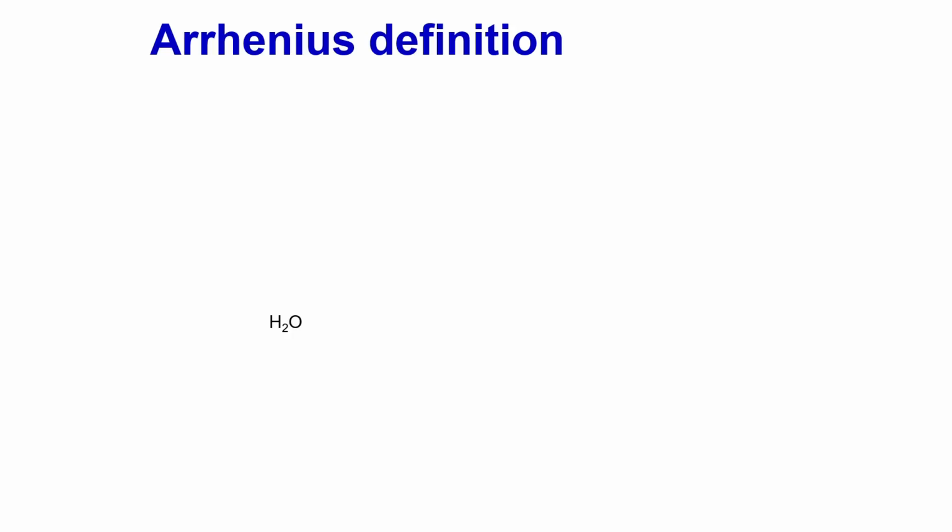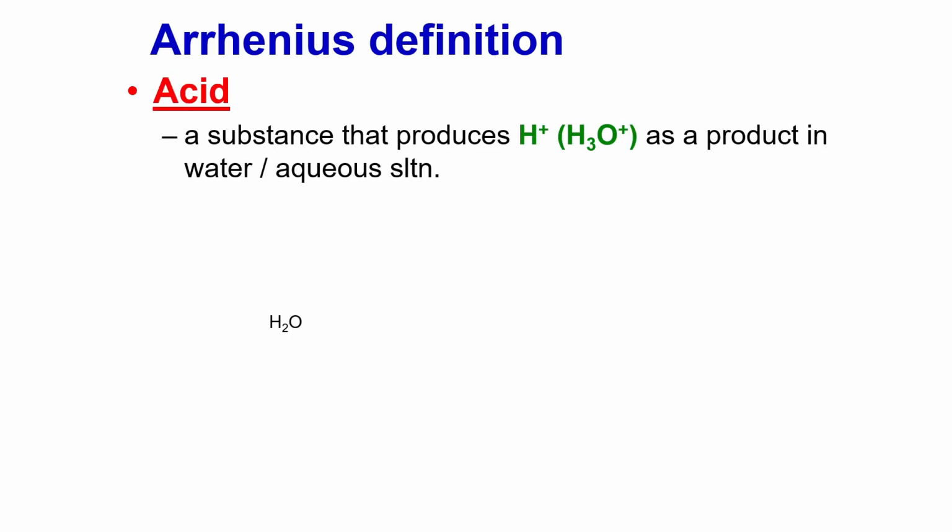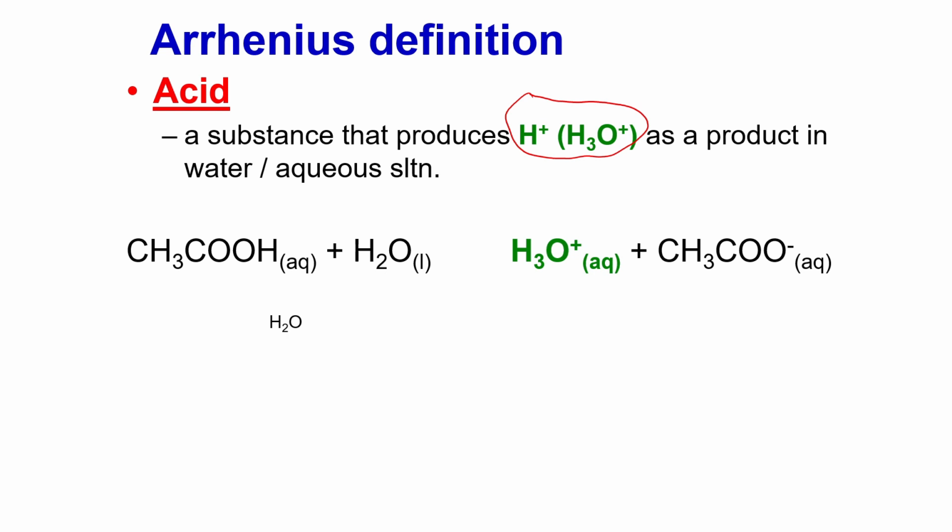So according to Arrhenius, okay, acid is a substance that produce H+. Okay, dalam ni H+ ataupun H3O+ kita consider sama. So substance yang hasilkan H+ ataupun H3O+ sebagai produk dalam reaction dengan water. So dia ialah acid.